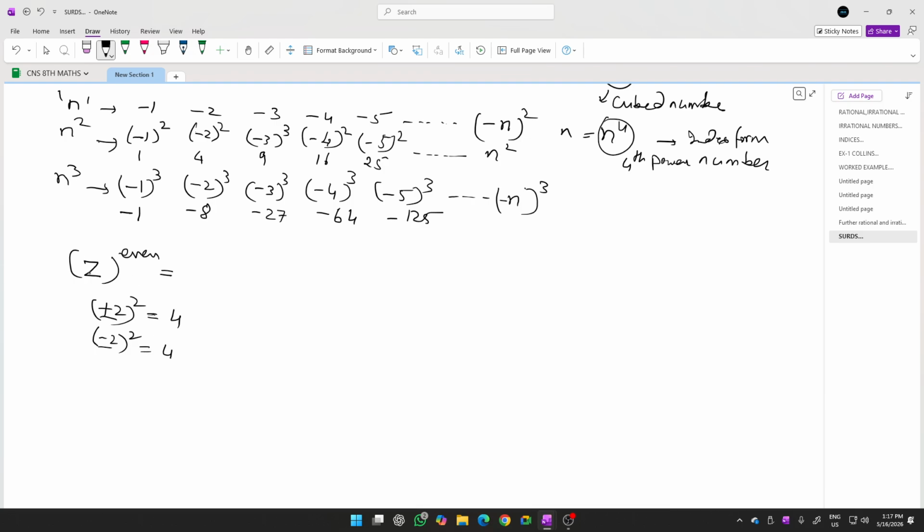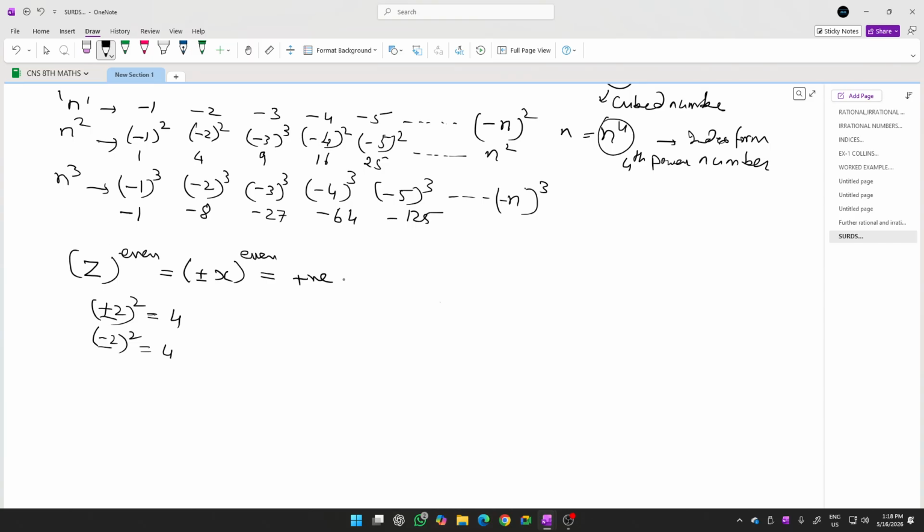So if z is an integer, integer means it can be plus or minus anything. So let us say plus or minus x, right?